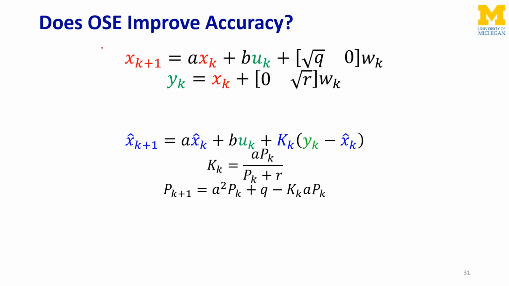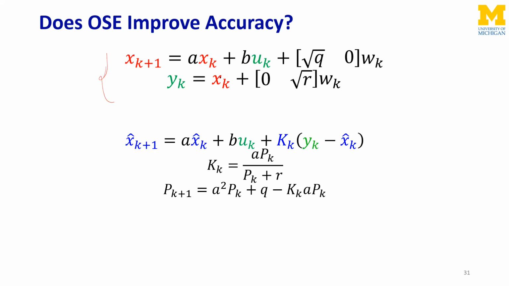Now you have this state equation, the real system. You have measured input, measured output, and I'm going to construct these special matrices for the measurement matrix, the process noise matrix and the measurement noise matrix.